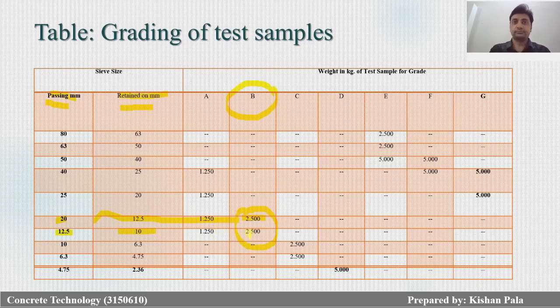It means my total weight of the sample is 2.5 plus 2.5, total 5 kg for this particular B grade of the sample. Clear? So you should refer to this table before collecting the sample of the aggregate.